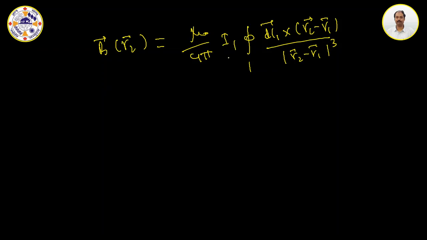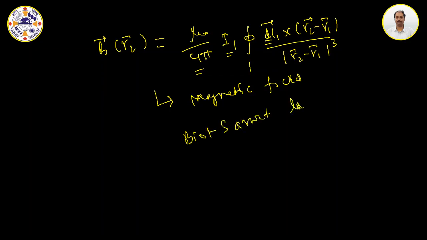You can remember here that I1 dl1 plays the same role as Q1, and mu 0 by 4 pi plays the same role as 1 by 4 pi epsilon 0 in electrostatics, and we can now define the magnetic field. This is the very famous equation, the Biot-Savart law.